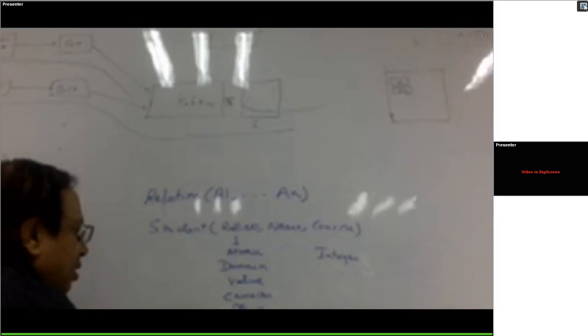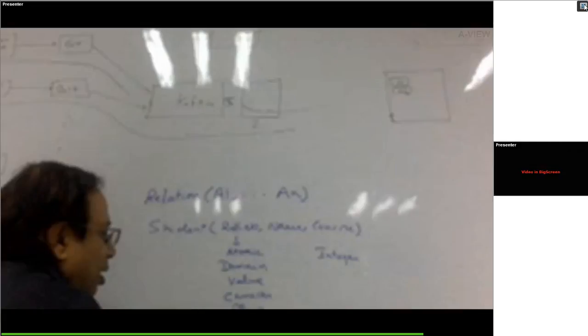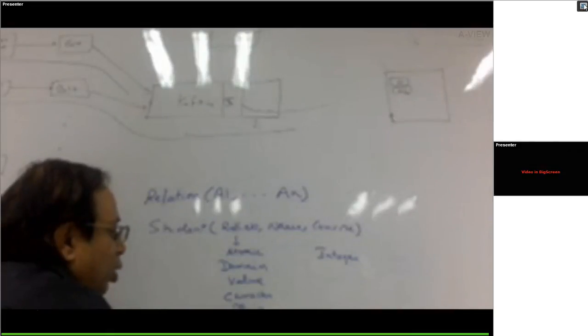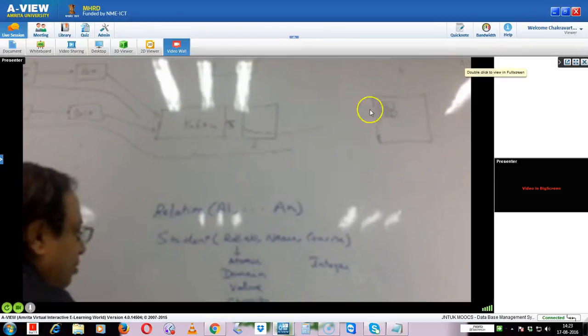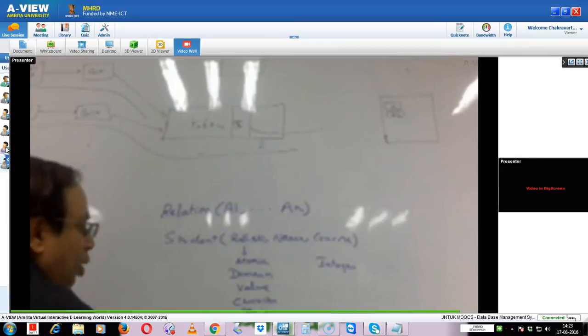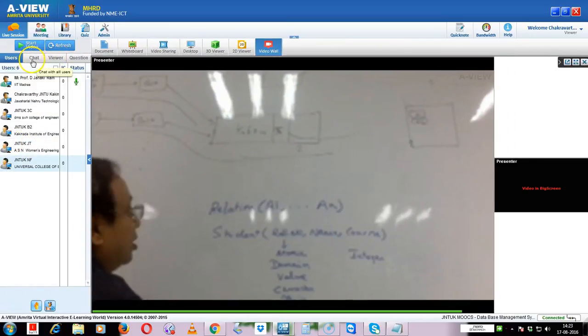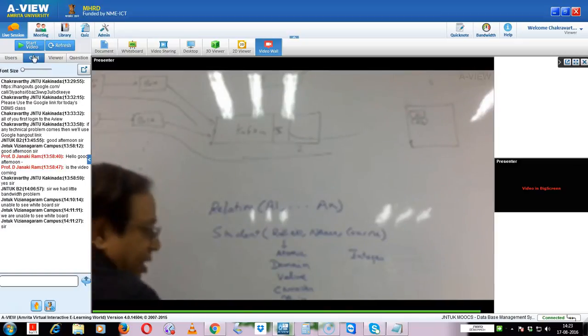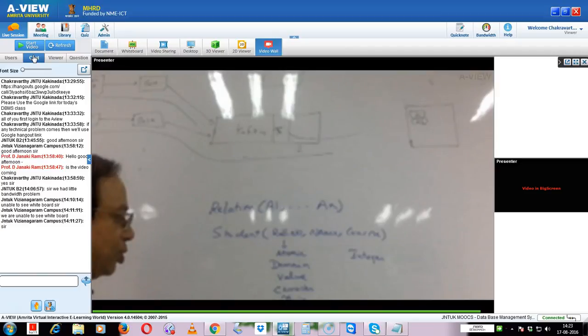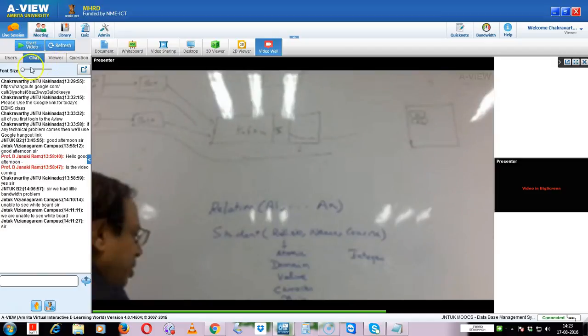For example, in the case of student, the roll number is CSD005, the student name is Vakul, and the course being taken is CS4001. This is one instance of this relation.